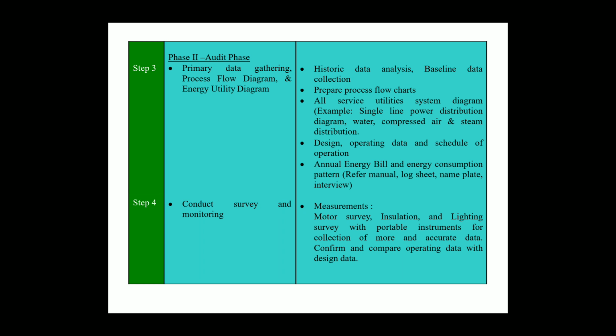The next, step 4, is to conduct survey and monitoring. After doing step 4, the result is measurements: the motor survey, insulation, lighting survey with portable instruments for collection of more and accurate data, confirm and compare operating data with design data.